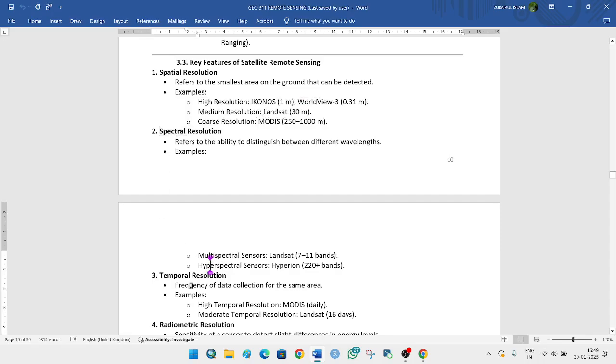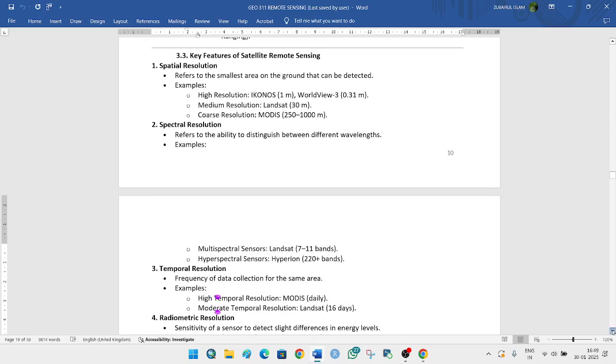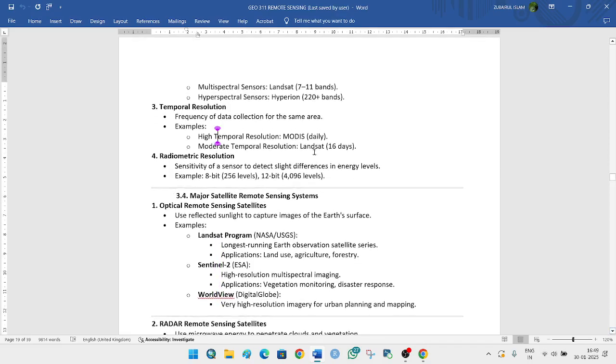And then temporal resolution is important. Why? Because temporal resolution is when the satellite is passing through the same area. For instance, Landsat satellite, if today is 30th January, passing through, for instance, Abuja, then the next visit will be after 16 days.